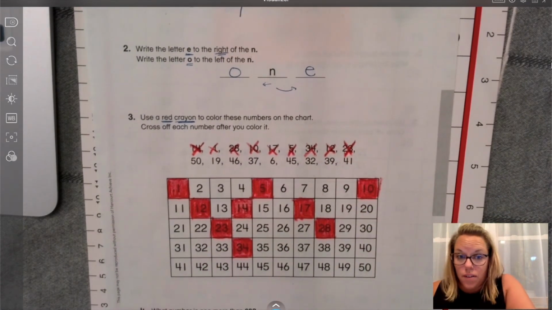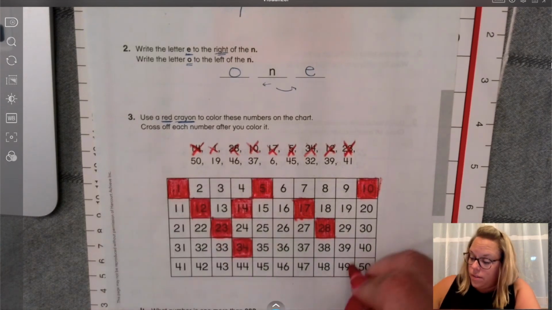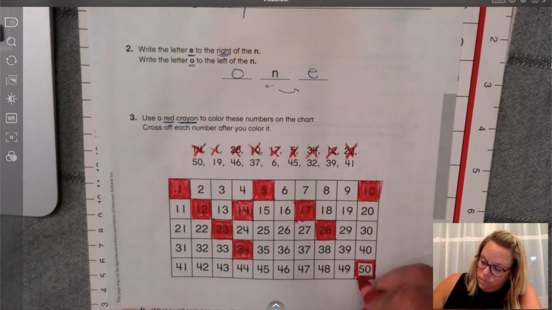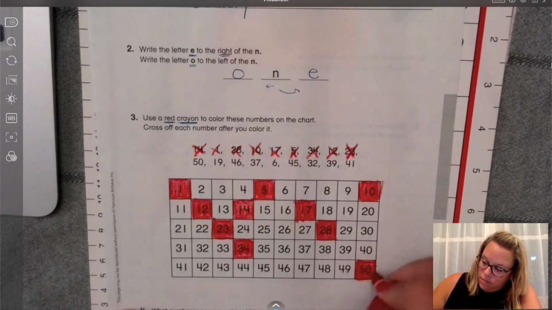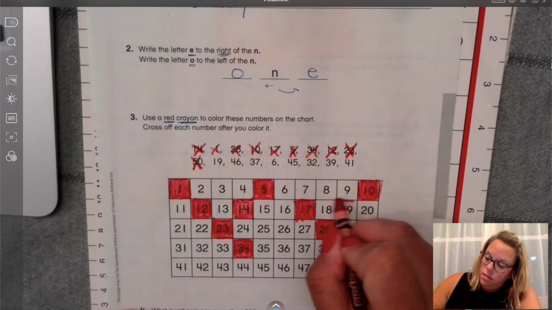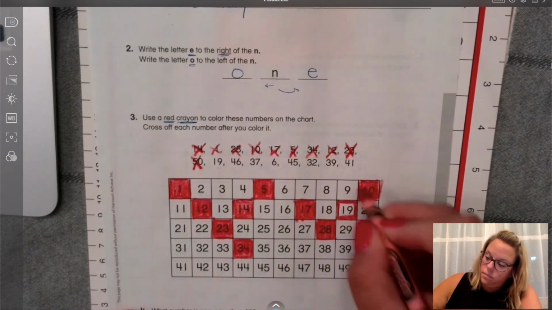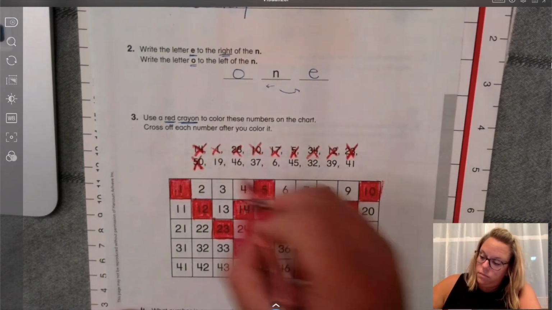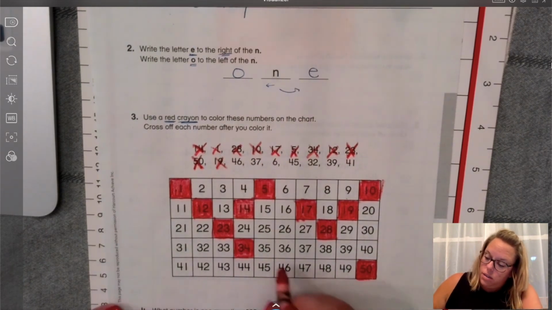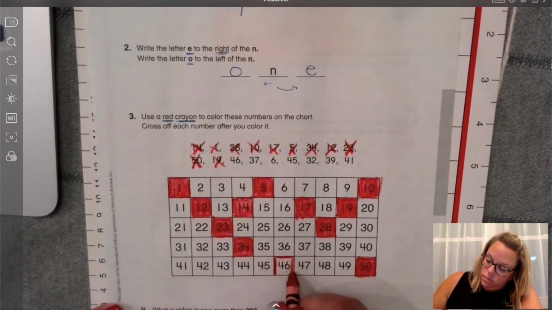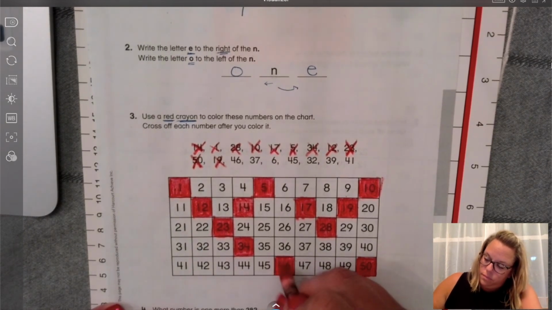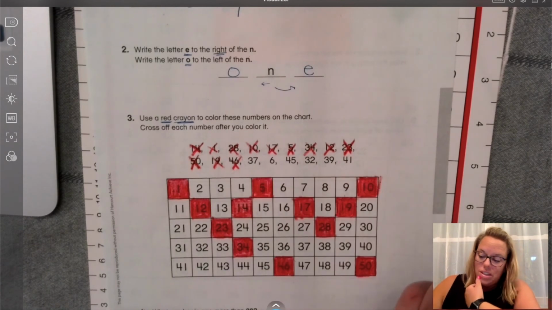All right, let's find the rest of these. Let's do it. 50. 5, 0, 50. It's the last number in the box. 19. 1, 9, 19. 46. 4, 6, 46. 37.